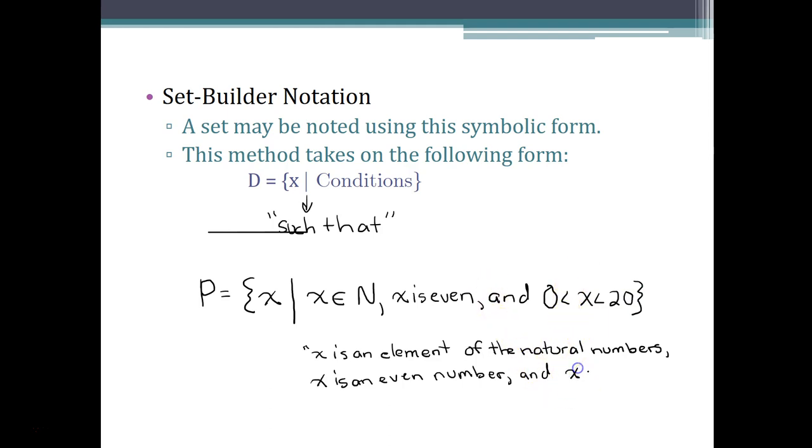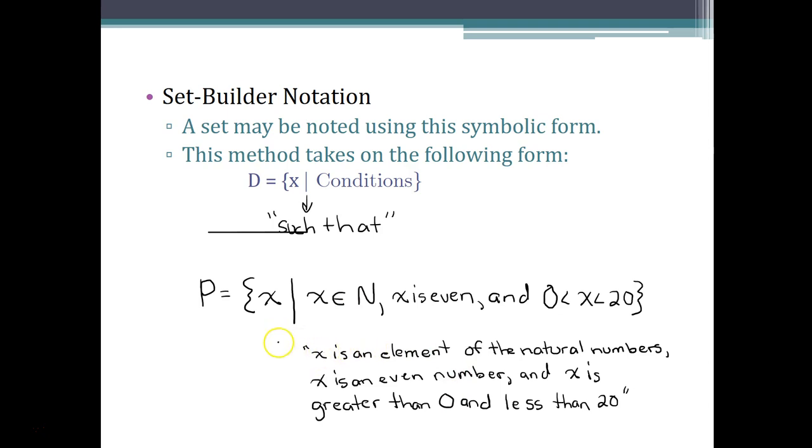And x is greater than 0 and less than 20. So you don't have to write out all these words. I was just putting that down there to translate so that you know what it means.